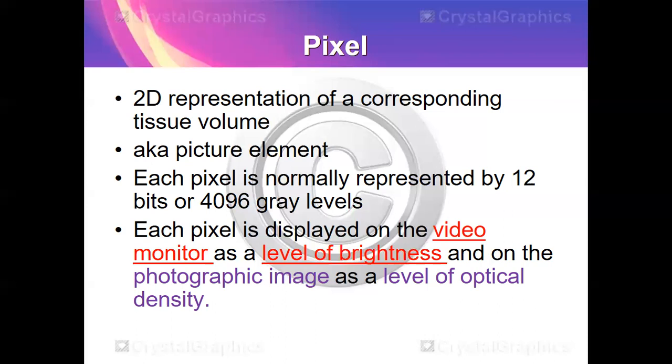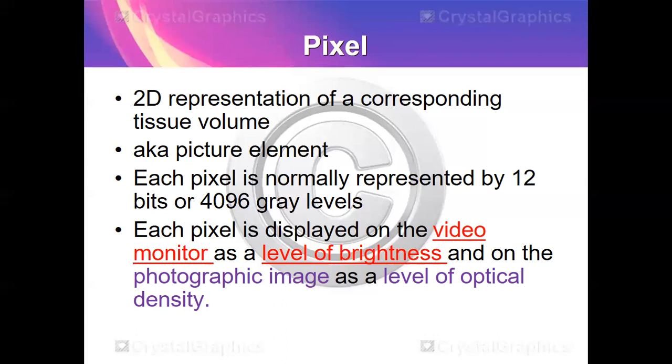Each pixel is displayed on the video monitor as a level of brightness. So the pixel, we see it on the monitor during our scanning, expressed in different brightness. If you look at our CT scan images or types of X-ray images, each part has different levels of brightness. It's the same in our CT scan. On a photographic image, it is a level of optical density.